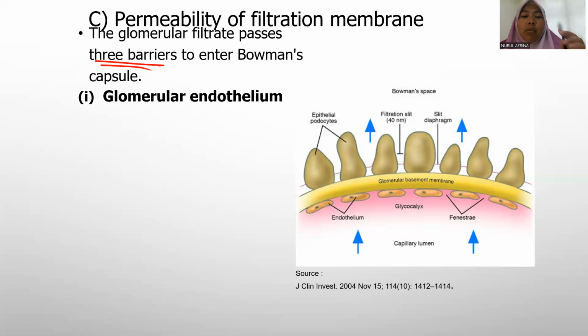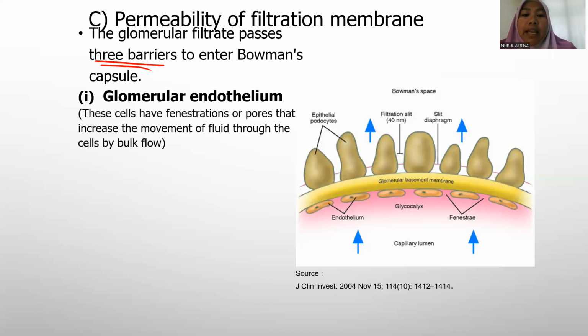Number 1 is the glomerular endothelium. Where is the glomerular endothelium? This one. This glomerular endothelium has pores or fenestrations that increase the movement of fluids through it in bulk.